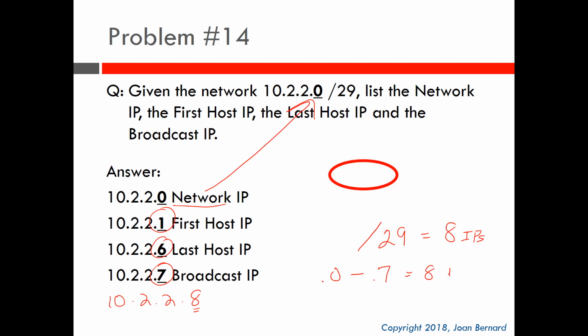So that's 8 IP addresses, because we're not starting with 1, we're starting with 0. That actually is the range of IP addresses. .0 through .7 is 8 IP addresses. Okay, so this is not the broadcast. This .8 is the next network. That's where the next subnet would start if we needed that.